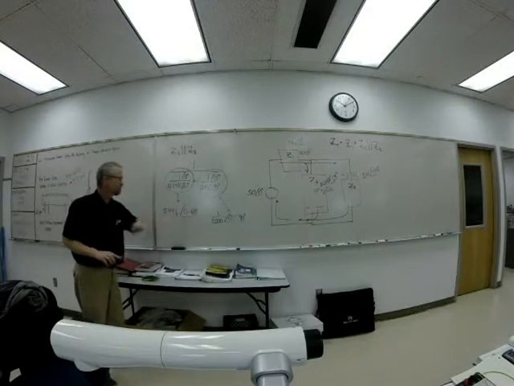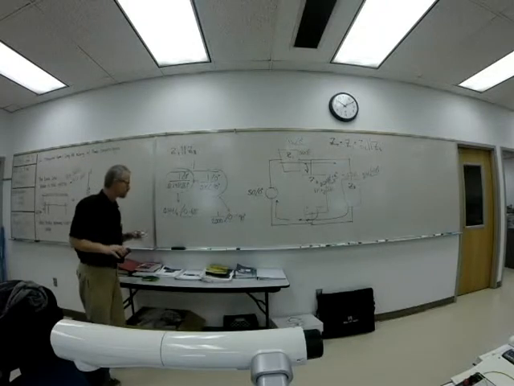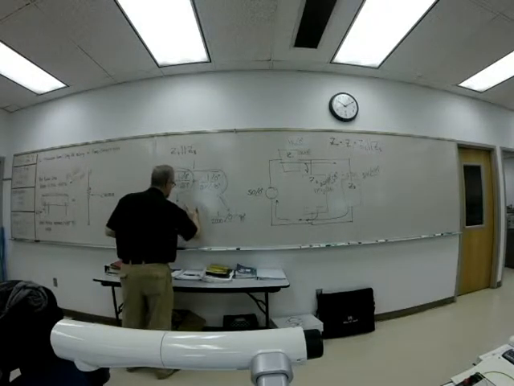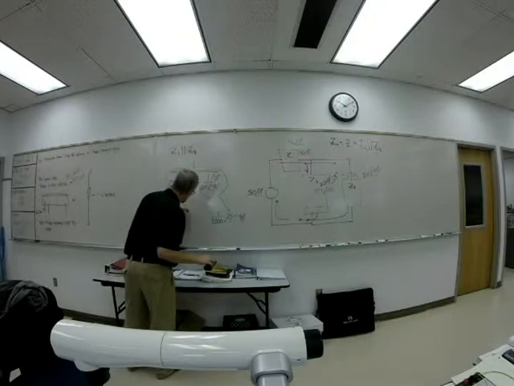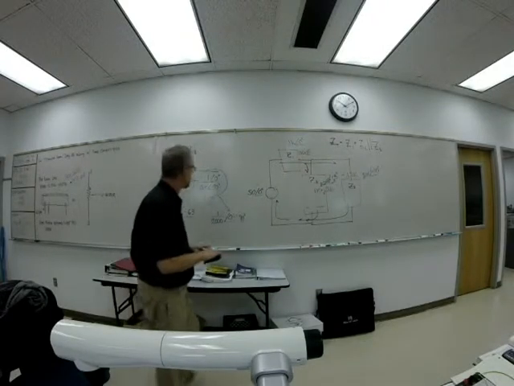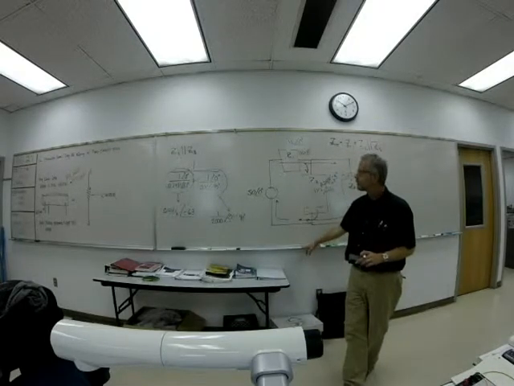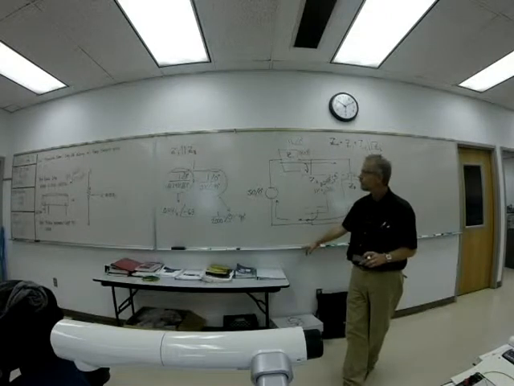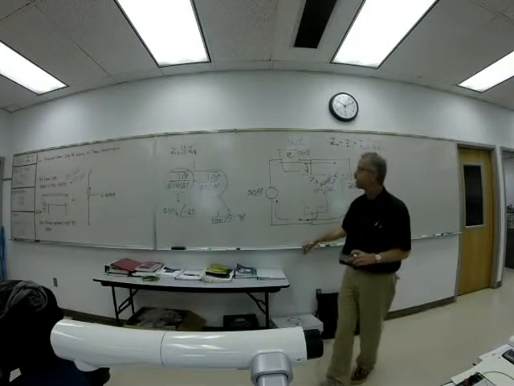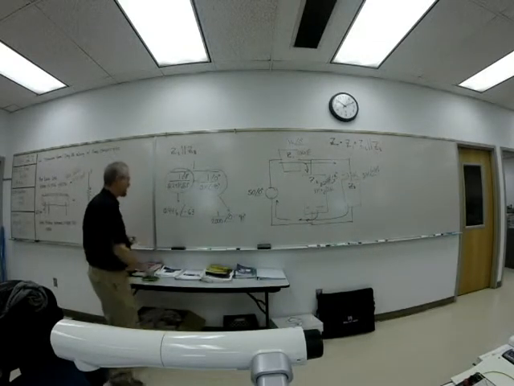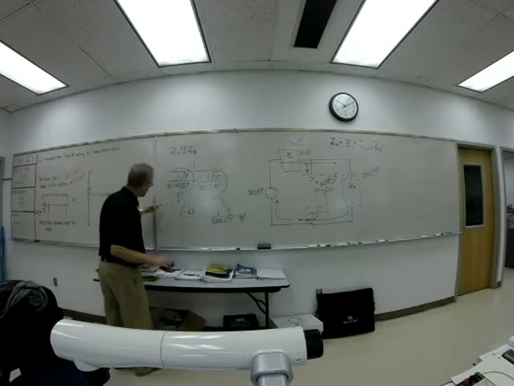And 0 minus 63 is? Negative 63. Okay? I'm not coming up with that .446. I'm coming up with .000446. Are you? Did you put the K in there?